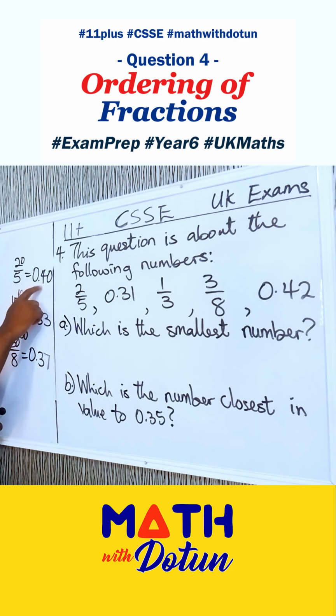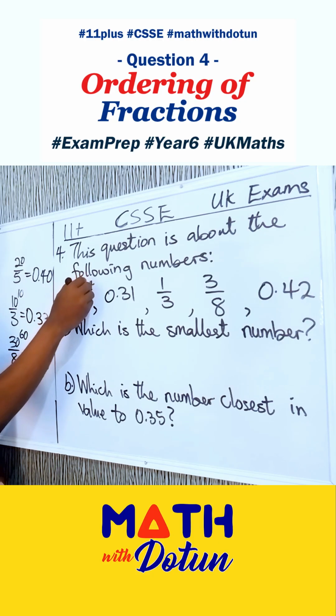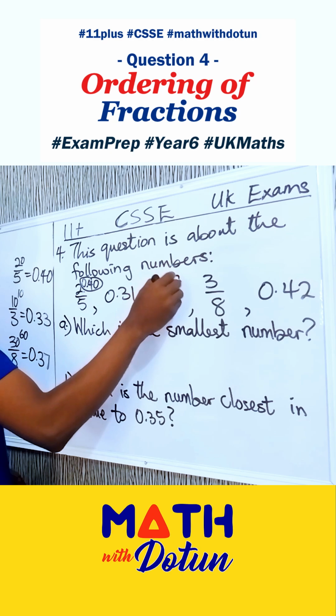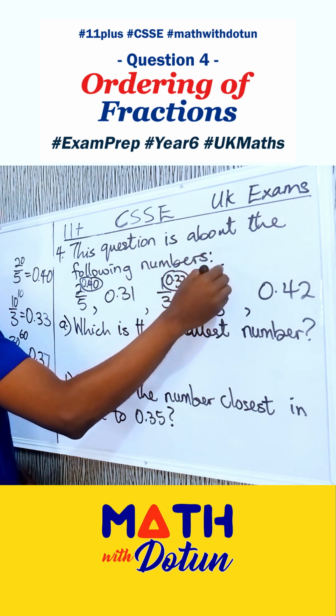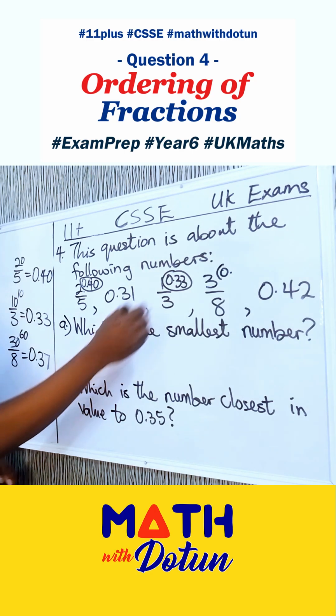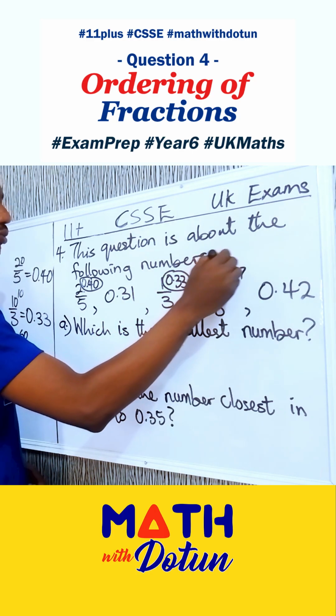So I have 0.40, 0.33, and 0.37. It's going to be 0.375.